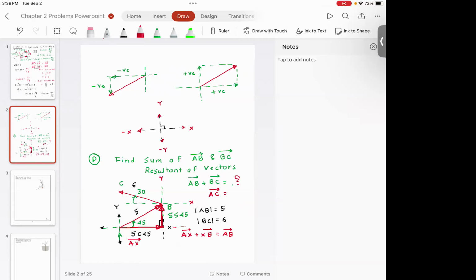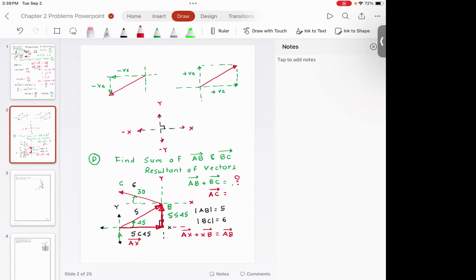In other words, I want to resolve BC on the x-axis and I want to resolve BC on the y-axis. What should we do?